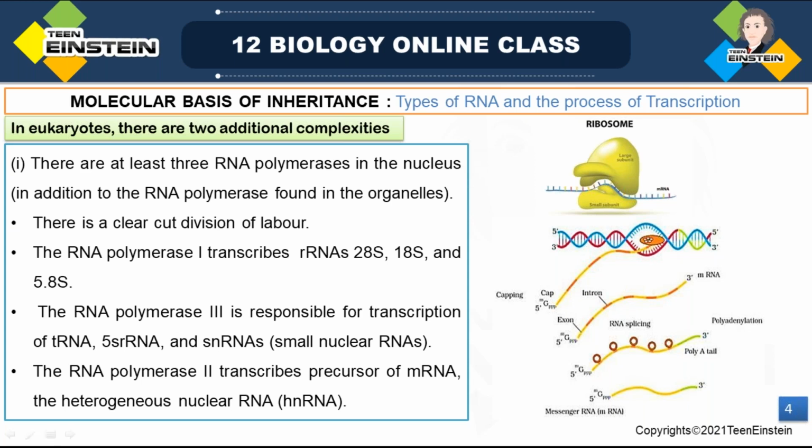Coming back to our point, we were talking about the ribosome with two subunits. In eukaryotes, there is a clear division of labor. We were talking about RNA polymerase.